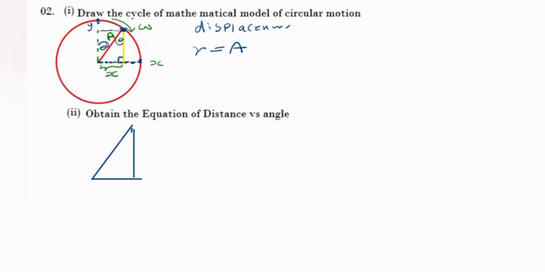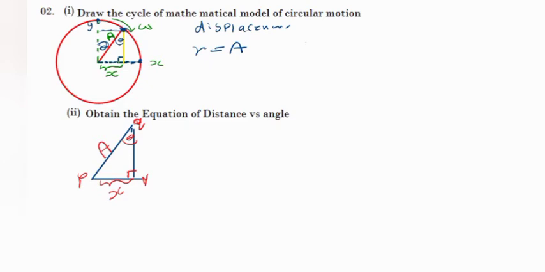That is what we want to find. Now I'll just mark it as x displacement, and the theta is here and it is 90 degrees. If I consider this triangle PQR, according to this PQR triangle, this is the hypotenuse.